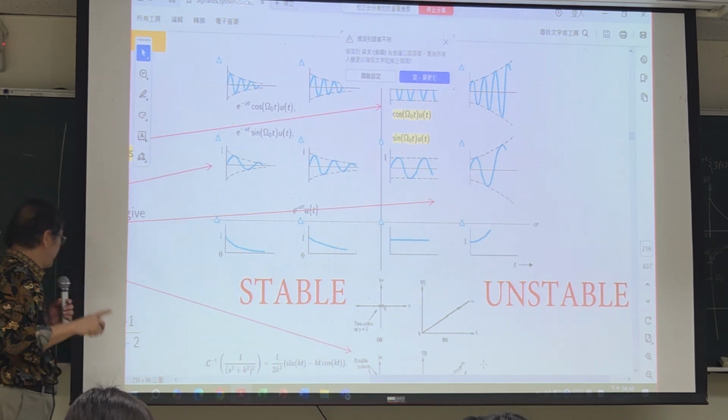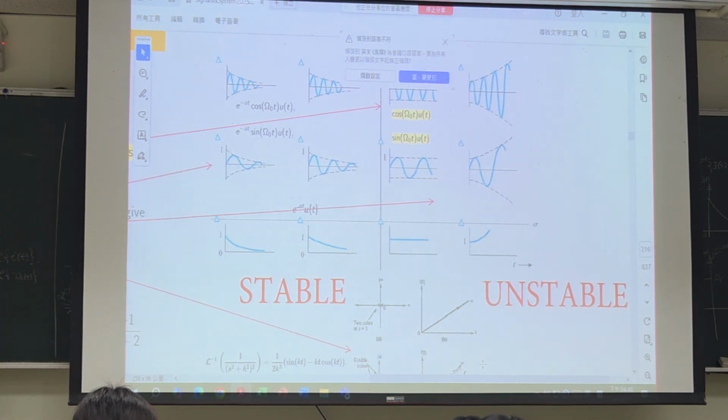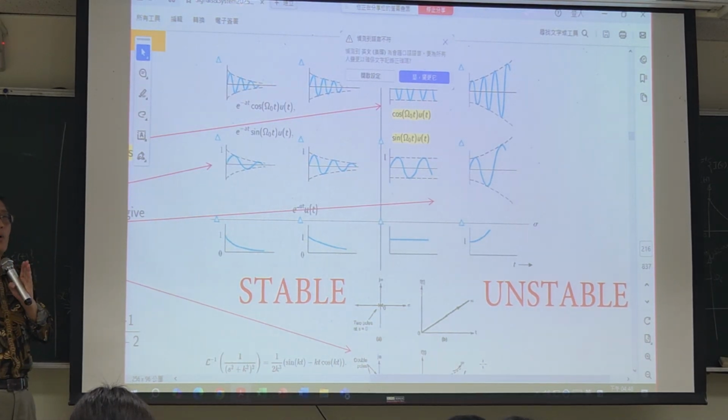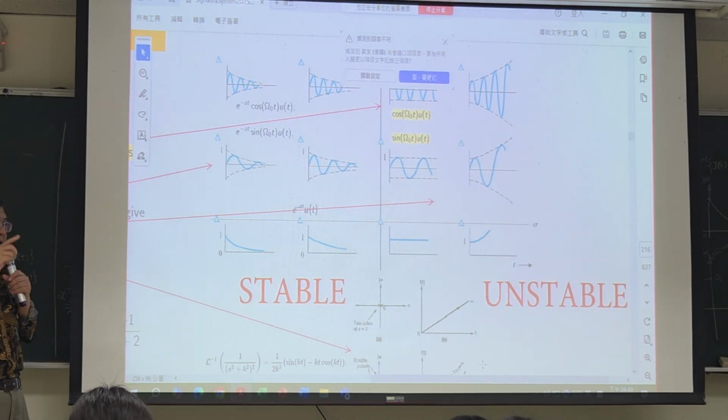Now, be careful here. If a transfer function G of S has, suppose, 100 poles, 99 of them are stable, but one of them is unstable.